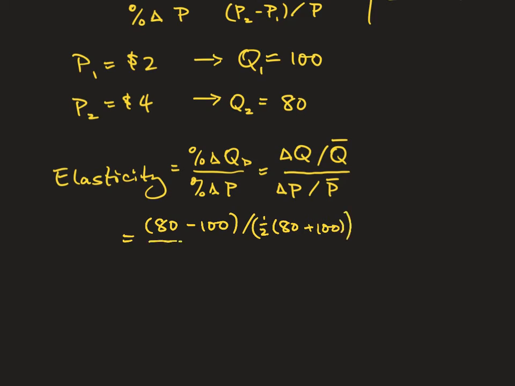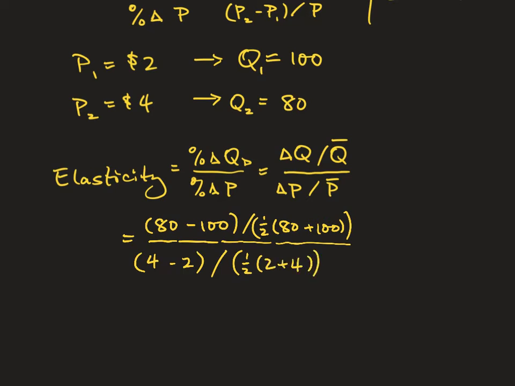Then in the bottom part of the fraction, change in price: price goes from 2 to 4, so 4 minus 2 divided by average price.